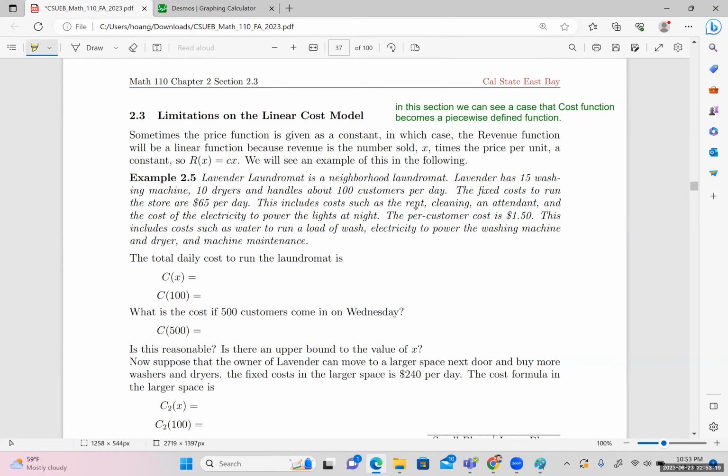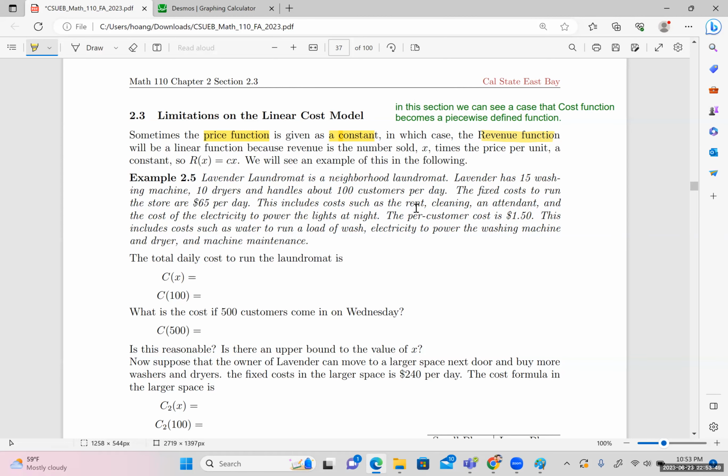I told you sometime about price, about revenue functions, mostly in quadratic form, right? However, there is a special case when the price function is a constant, like you have a fixed price and never change.